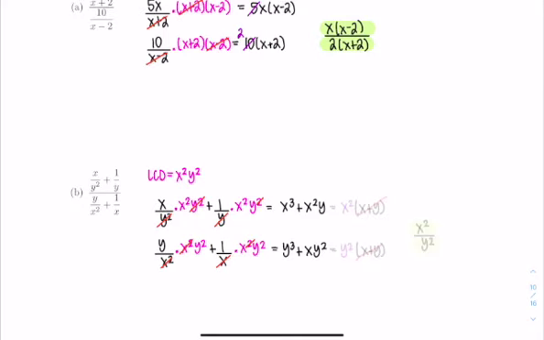We can factor out an x squared in the numerator, and I'm left with x plus y. And in the denominator, I can factor out a y squared, and I'm left with x plus y. So what I can cancel is the x plus y's, and I'm left with x squared over y squared.